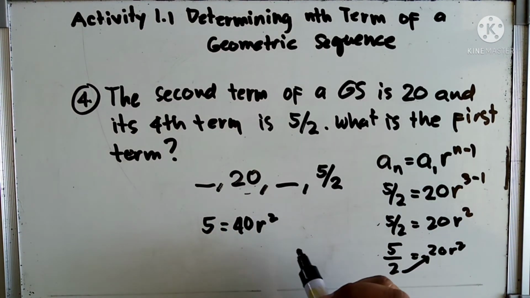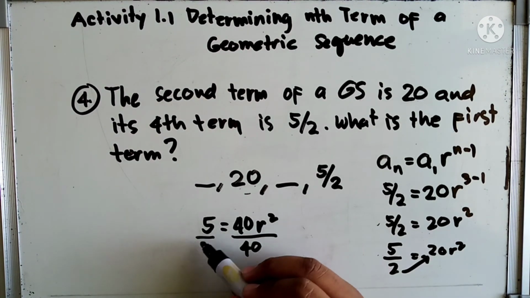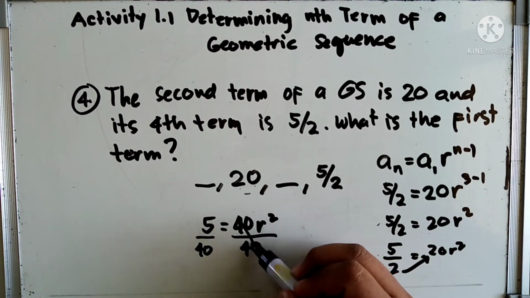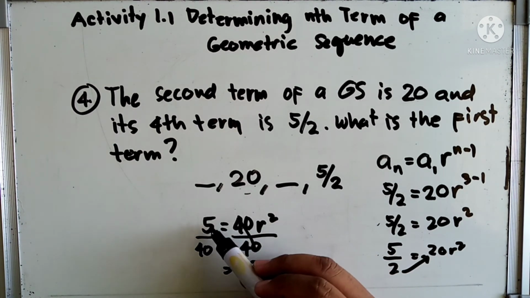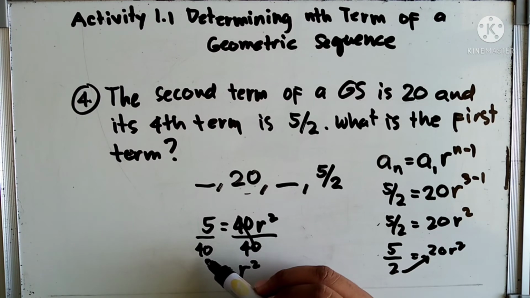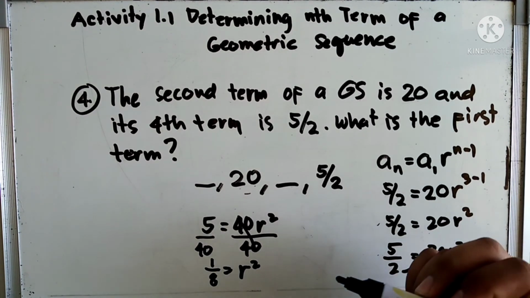So, ngayon, i-divide na naman natin. Divide both sides by 40. Ma-cancel yan, magiging na lang tong r raised to 2. 5 divided by 40, pwede natin tong i-lowest term. So, ang magiging result is 1 over 8. Kasi 8 times 5 is equal to 40.